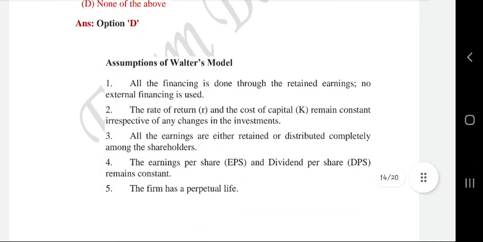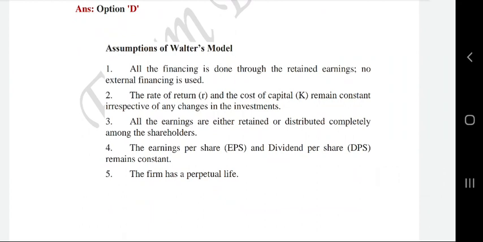You can see these five assumptions are for Walter's model. The assumptions are: all financing is done through retained earnings, no external funds are used. Second, the rate of return and cost of capital remain constant irrespective of any changes in the investments.